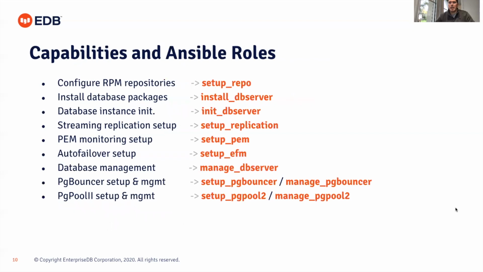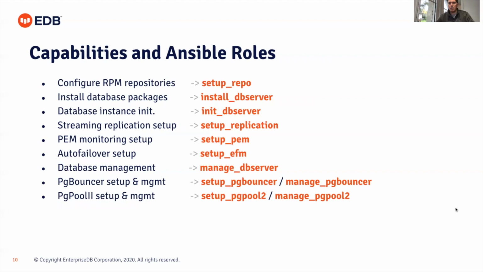The main capabilities and features have been split into several Ansible roles. So with this collection, we can configure the access to RPM repositories, including EPEL, PGDG, and EDB repo. This selection of repository will depend on the component we want to deploy.